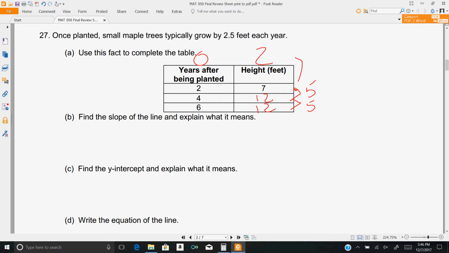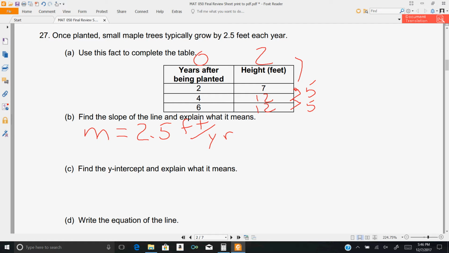And if x changes by 1 year, the height changes by 2.5. So 2.5 feet per year. And that's basically when you explain what it means that the tree grows 2.5 feet each year.